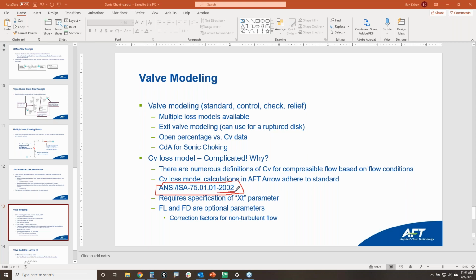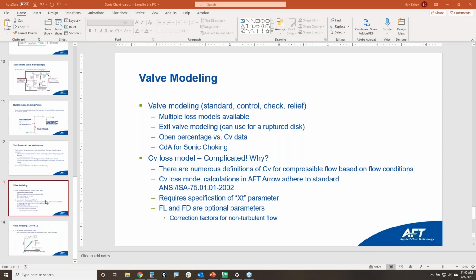This is an old outdated date. We are using the most recent. And so this is just an old version of that standard. But that's what we're using to calculate the flow coefficients across valves in compressible flow circumstances. So it's more complex than in liquid piping systems.